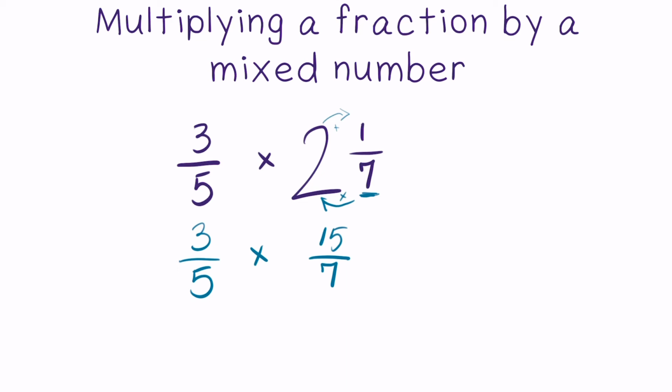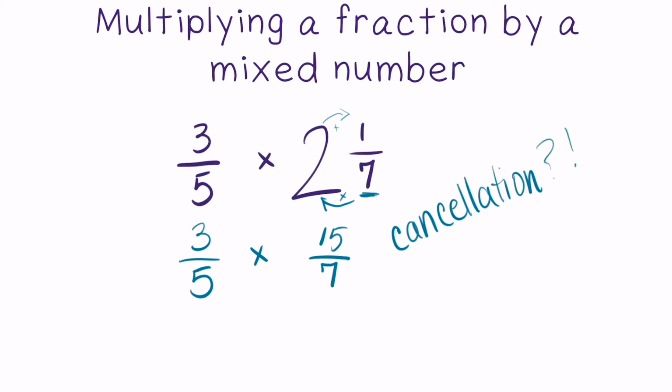Now that we've converted the mixed number to an improper fraction, we can multiply the fraction times the improper fraction to get our answer. So right now we're working with 3/5 times 15/7. Whenever you're multiplying a fraction times a fraction, you should look for opportunities for cancellation.